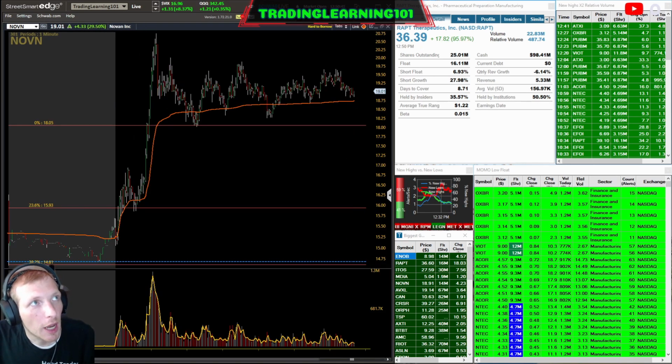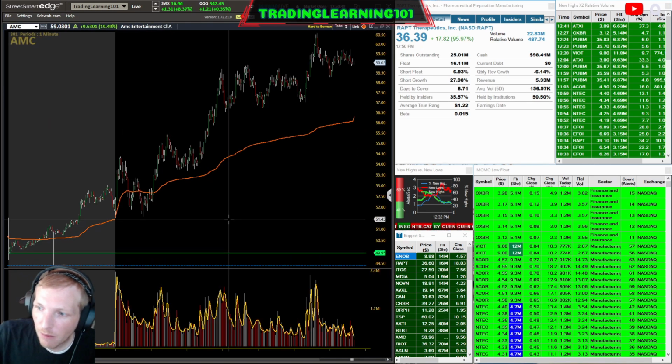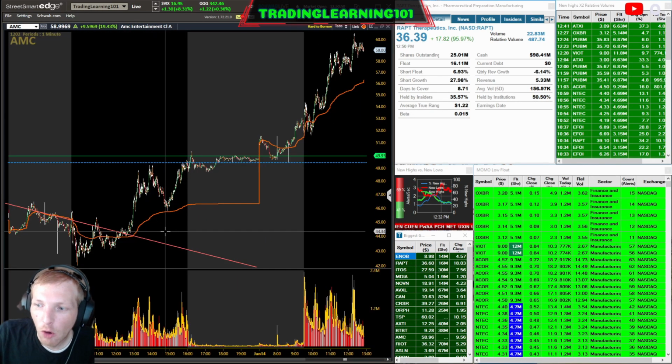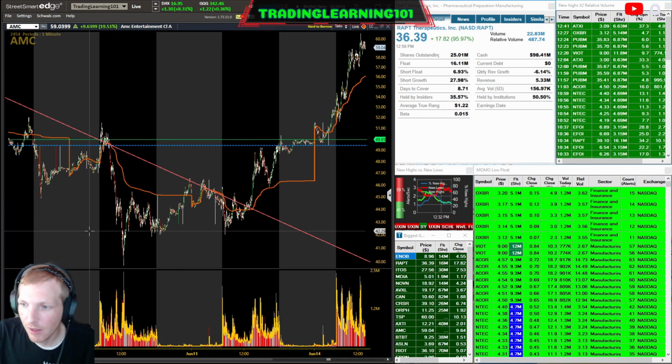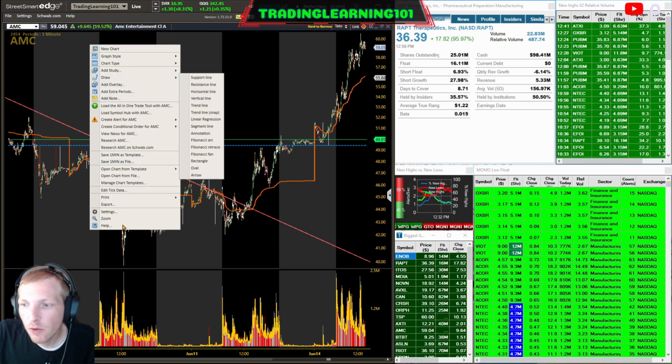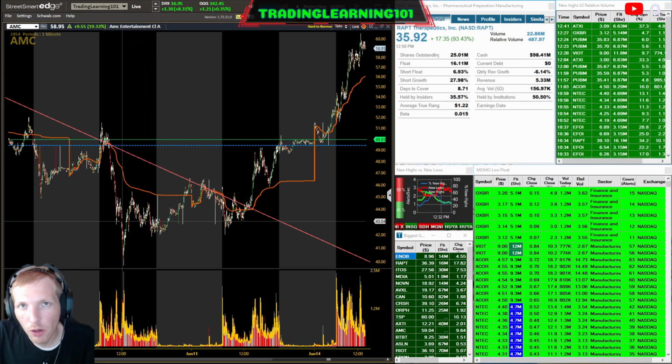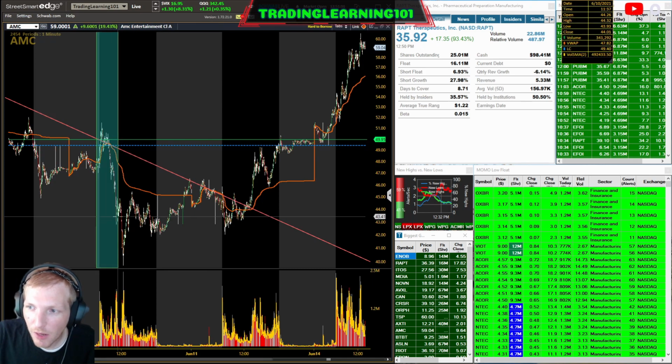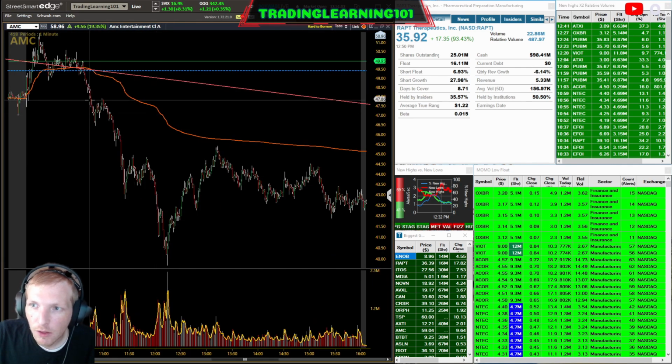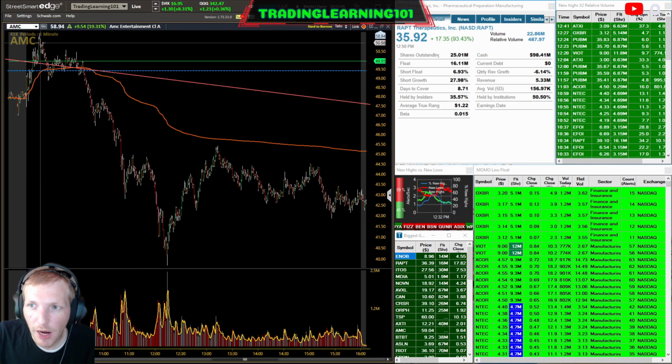So let's look at another example. AMC. We can go back, Friday. Again, you can use VWAP as support and resistance. See right here, if we zoom in on this day, you could see the stock ran up.